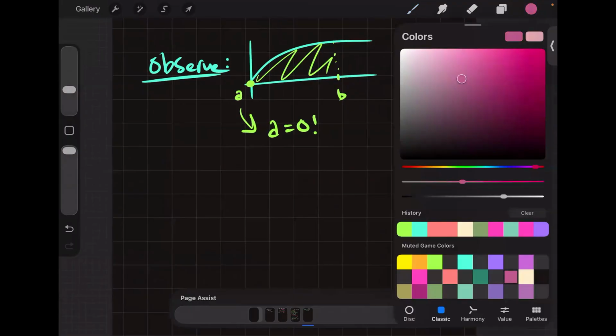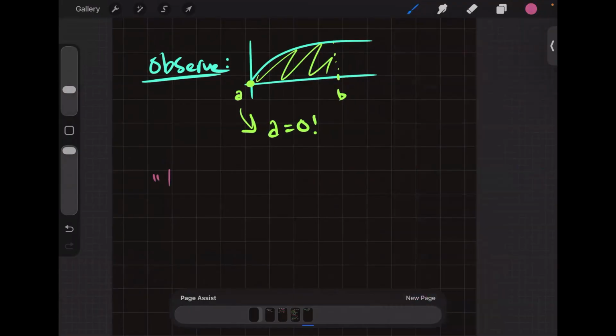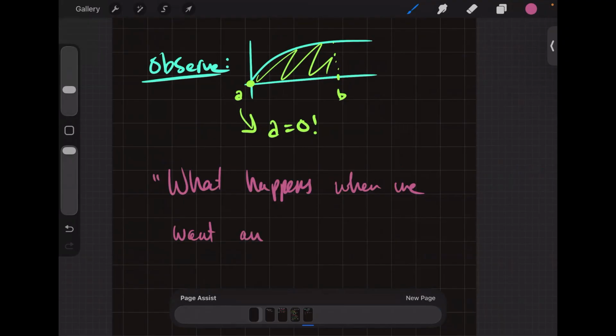What happens if A is not 0? What happens when we want an area not starting from 0?